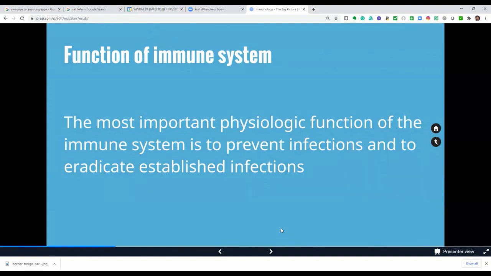Prevention is better. Second, if any pathogen which entered the body has already caused some infection, we have to eradicate it. Our body should be able to eradicate that infection. These are the two major things that should be handled by the immune system. We can say these are the functions of the immune system.